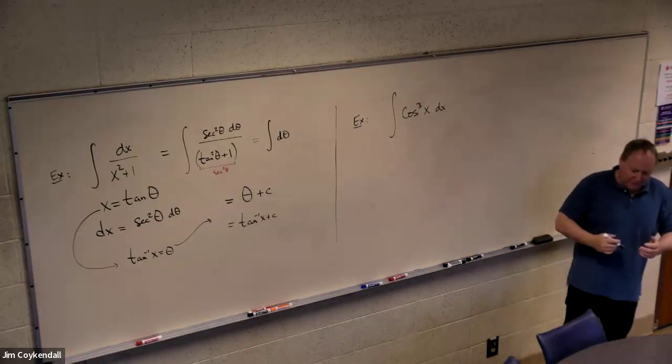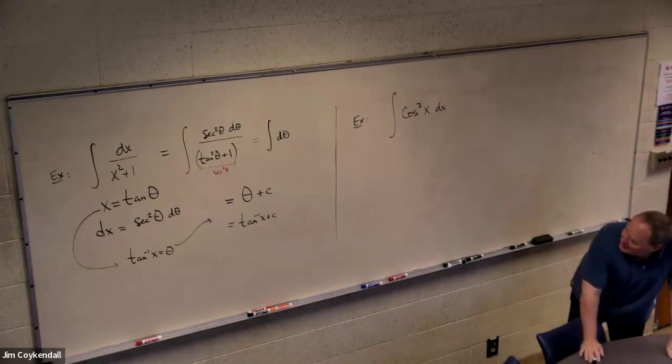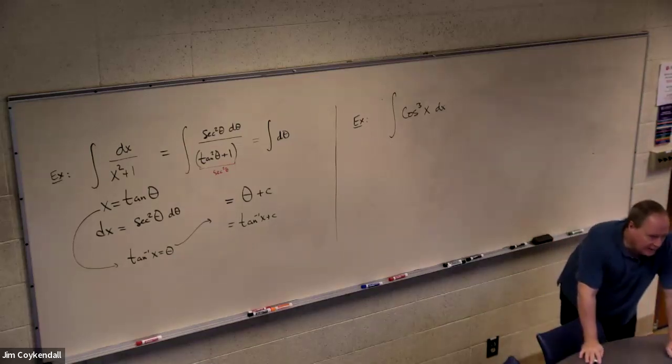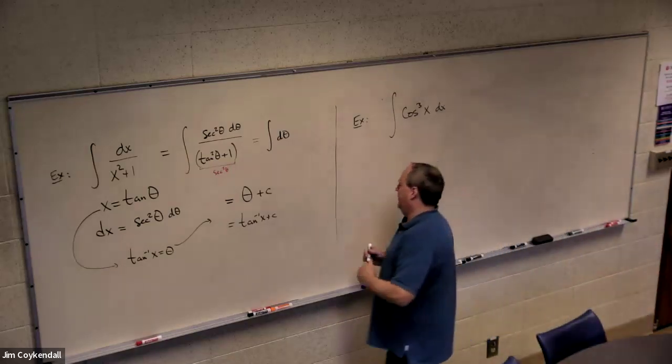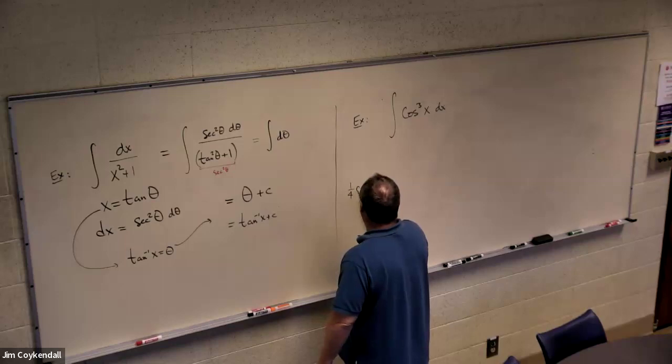Well, of course, it's natural to say, I can't just... please do not write cosine to the 4th over 4, right? There's no way that works, because when you start doing the chain rule, so don't do this.